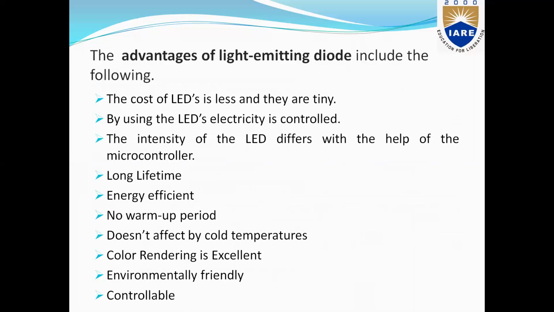The advantages of light emitting diode include the following. The cost of LED is less and they are tiny. By using LEDs, electricity is controlled. The intensity of LED can be varied with the help of a microcontroller. LEDs have a long lifetime and energy efficiency, and their operation isn't affected by cold temperature. Color rendering is excellent, and they are environment friendly and controllable.